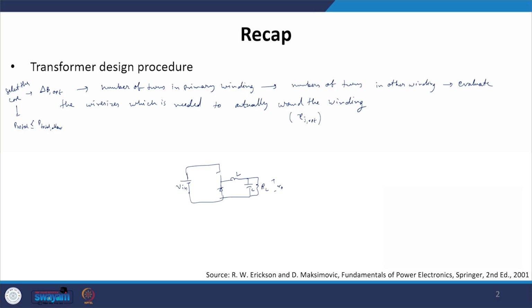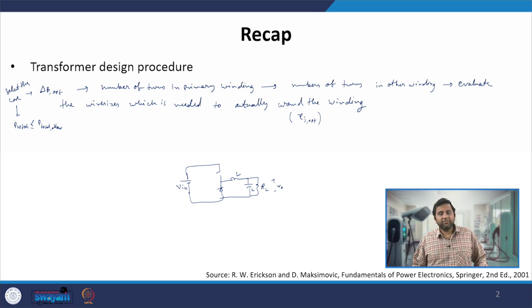We have seen that PSFB, which is another buck derived topology, and the full bridge converter, which is again a buck derived topology. We have seen different kinds of converters having the buck derived topology, where we have one inductor kept at the output of the half bridge.